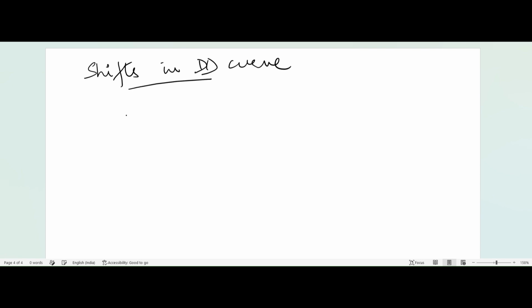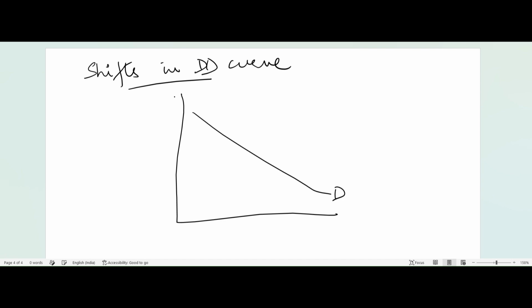The shifts in demand curve are always with respect to other factors, not price. So I have this demand curve, right? If you remember when I was talking about factors affecting demand, other than the price, I was saying for all the other factors that the price was constant, right? And I have to plot that on the price quantity demanded graph.